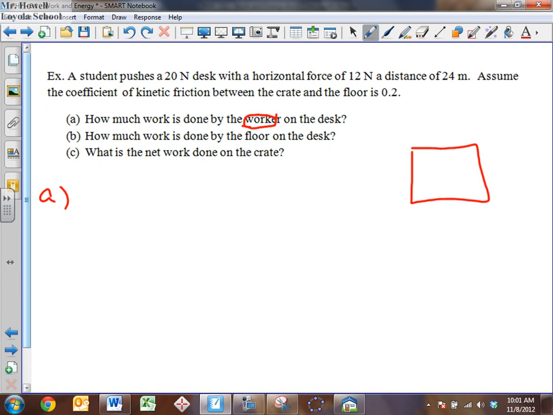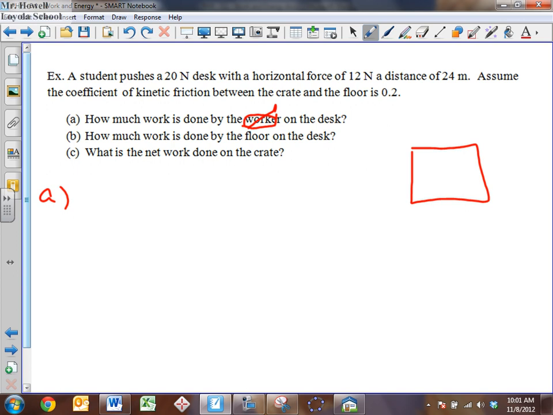Now, the student is pushing with a horizontal force of 12 newtons, a distance of 24 meters. It doesn't say anything about the directions, but if the student is pushing the desk 24 meters, then the motion and the force have to be in the same direction. Again, if the student is pushing this chair 24 meters, the force is that way, and the direction is the same way.